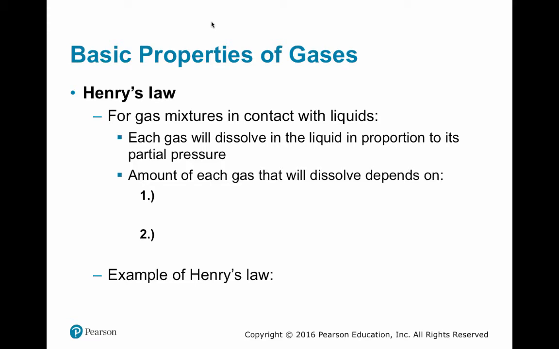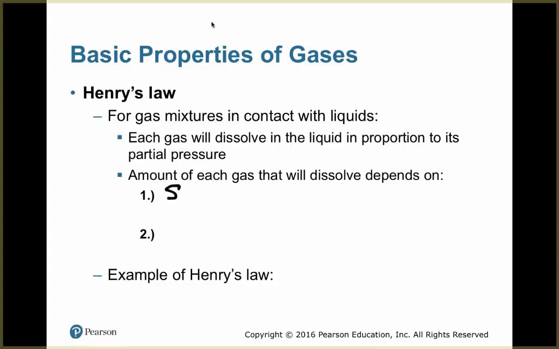So Henry's law just says basically for gas mixtures in contact with liquid that each gas will dissolve in the liquid in proportion to its partial pressure. And so the amount of each gas that will dissolve will depend on two things. It'll depend on its solubility.